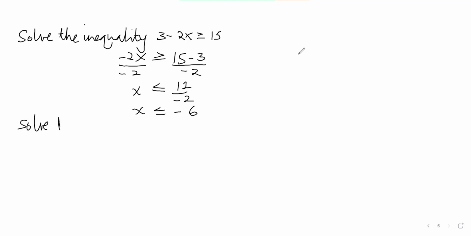Then we can look at solving simultaneous inequalities, or pairs of simultaneous inequalities.